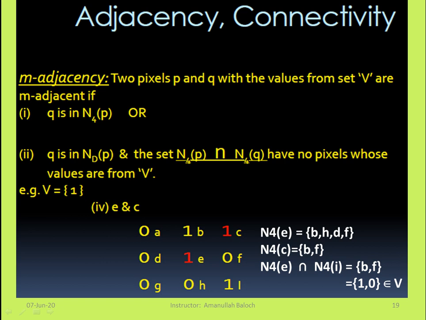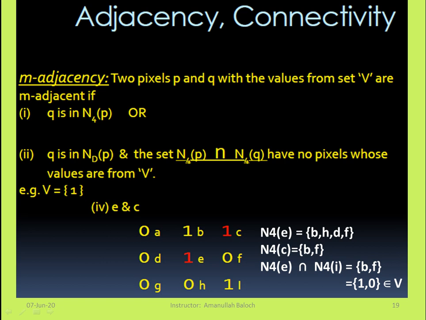Here, if this is Q and this is P, Q lies at the diagonal position of P. Then we have to find the intersection. What are the 4 neighbors? B, H, D, F are the 4 neighbors of E. N4 of E is equal to B, H, D, F. And what are the 4 neighbors of C?